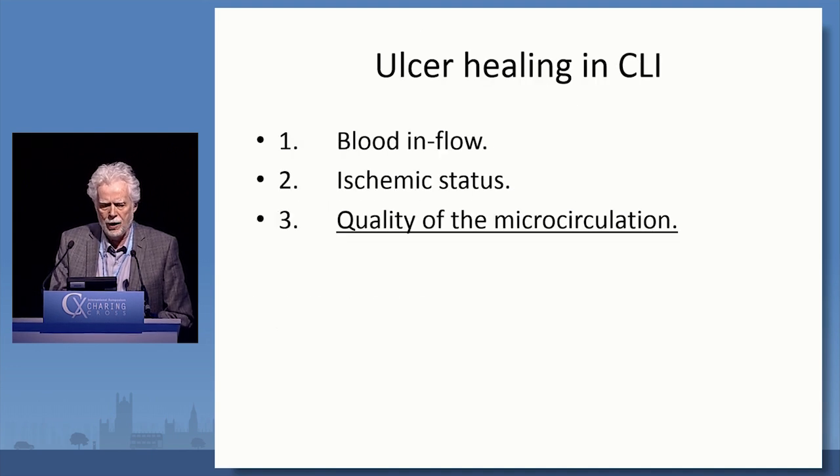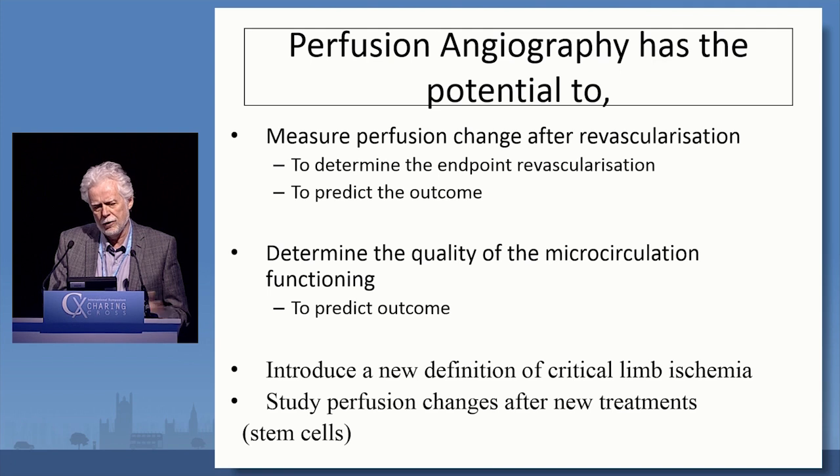So ulcer healing is blood inflow. It's the ischemic state, but especially also the quality of the microcirculation. And to summarize, perfusion angio has the potential to measure the perfusion changes after revascularization. We do this on the table, so to determine an endpoint for revascularization or to predict outcome. It can also determine the quality of the microcirculation.